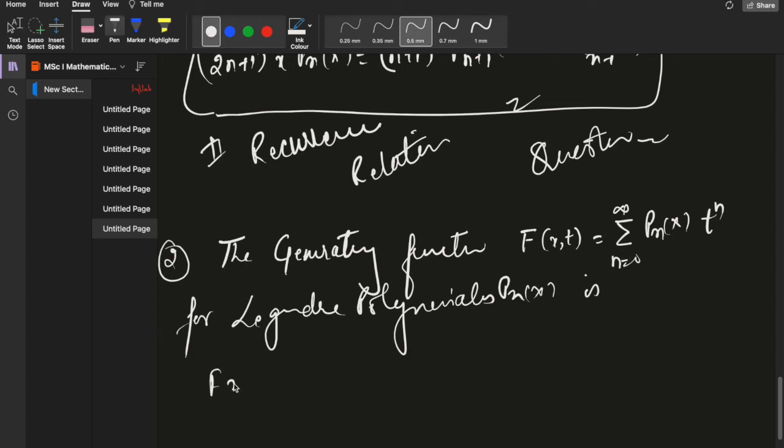Here, given f(x, t) is equal to (1 minus 2xt plus t square) to the power minus half.